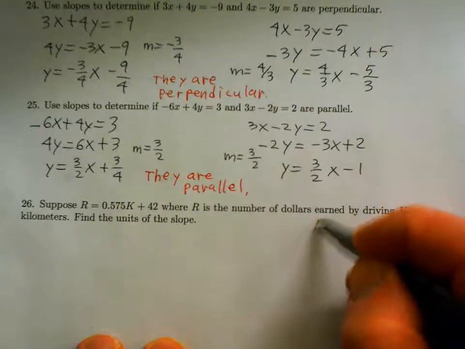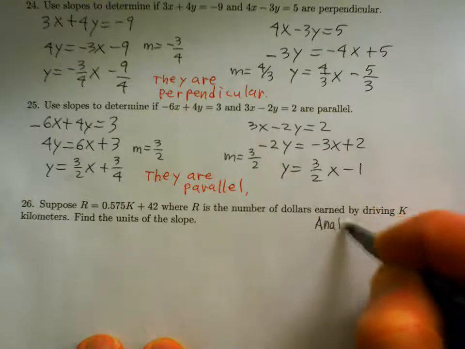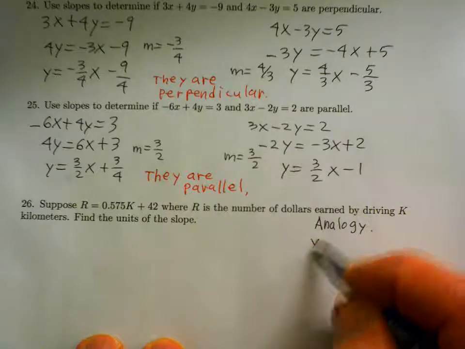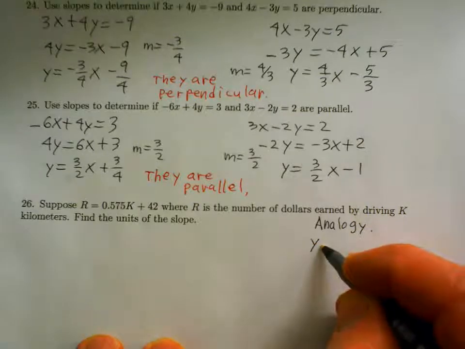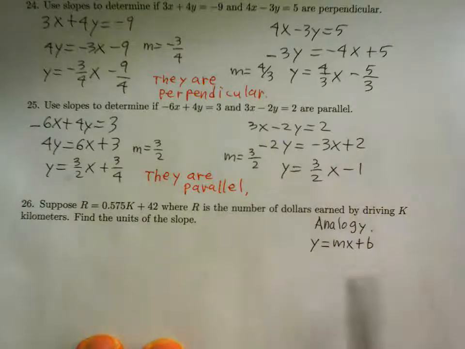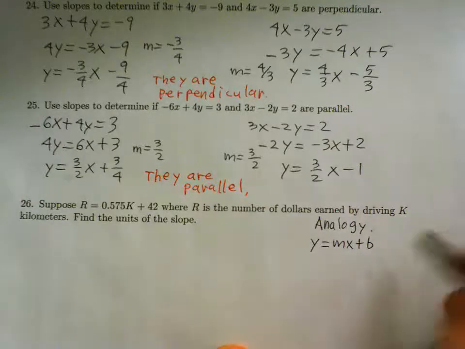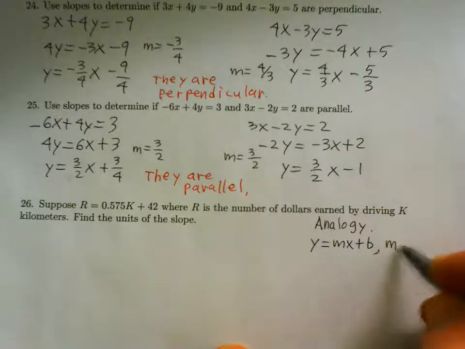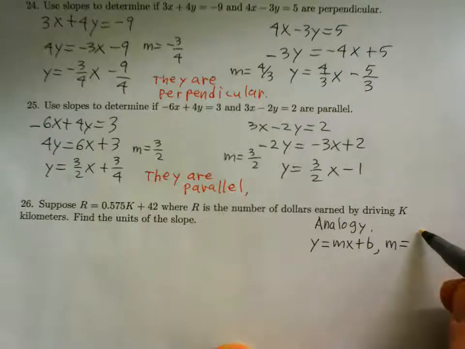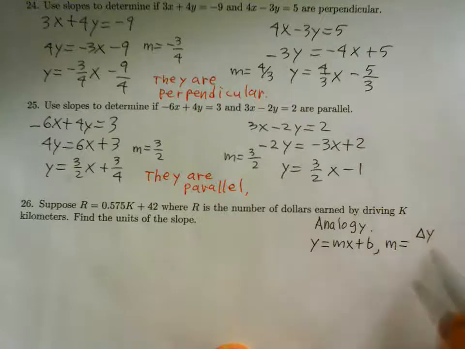Well, you could use an analogy. When we write a linear equation in the form y equals mx plus b, the slope-intercept form, then we know the slope is rise over run, which is a change in the y-coordinates divided by the change in the x-coordinates.